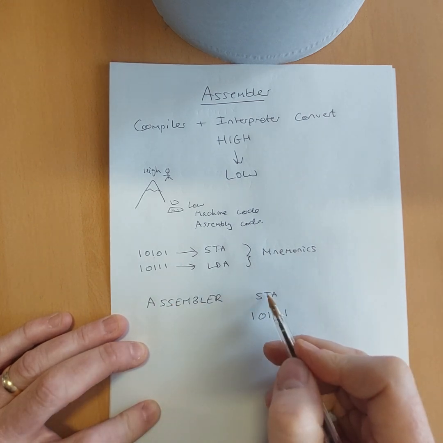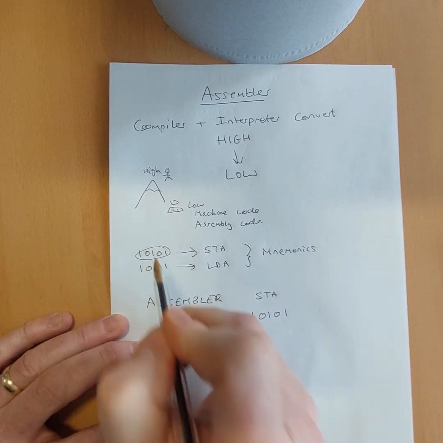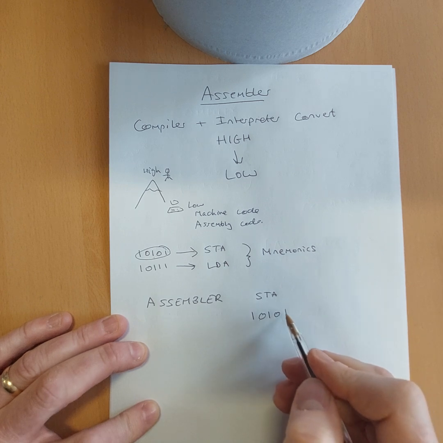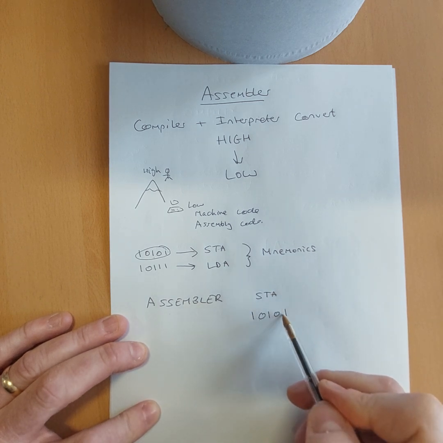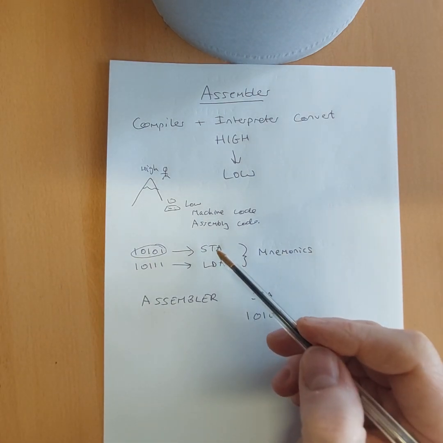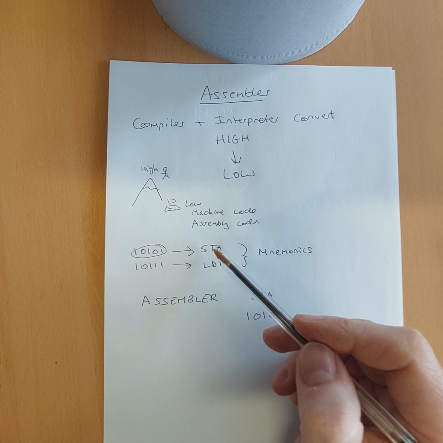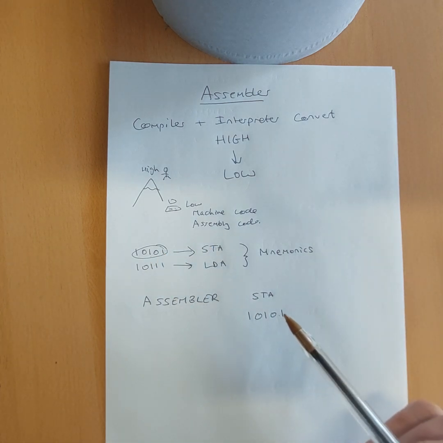The assembler simply looks up STA, finds that that's the machine code, and then it turns our mnemonic into the machine code. So all the assembler does, it takes the assembly code that we've written, and it converts it straight into machine code.